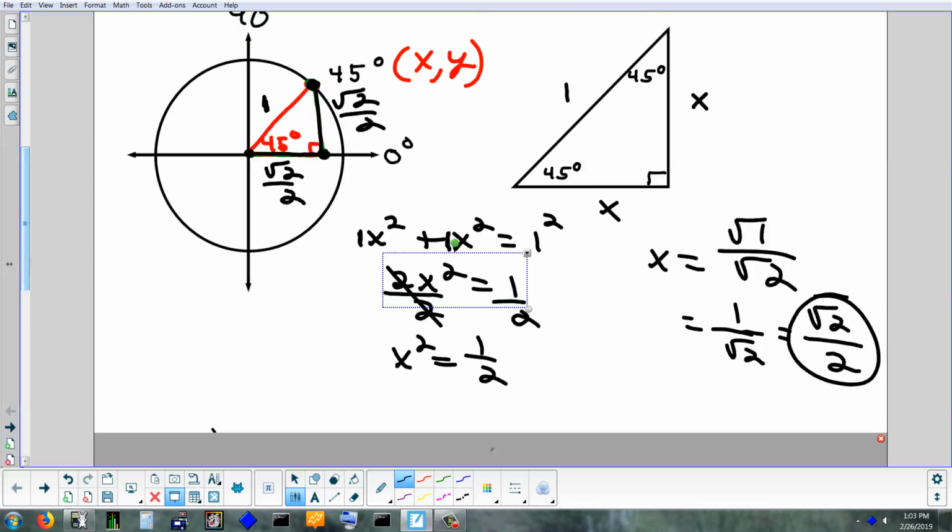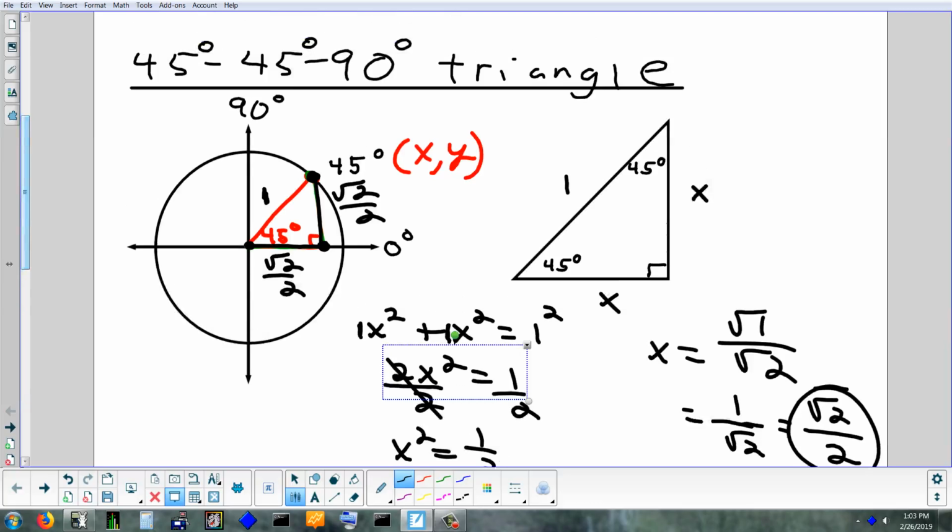up to there. So now when I write it as a coordinate, what would I fill in for x? Maybe square root 2/2. Yep. Same thing, right? And then the same thing for y. So there's your coordinate for 45 degrees. We just figured it out using the Pythagorean Theorem.